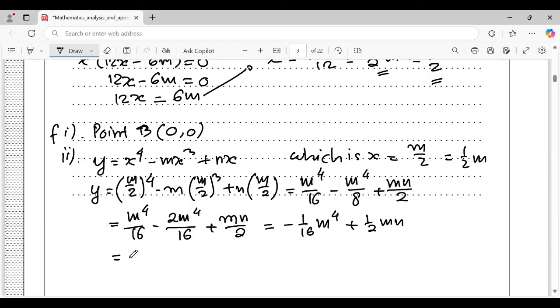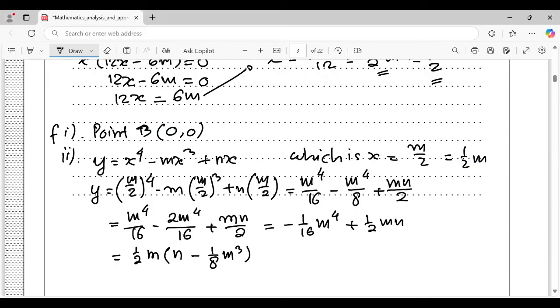I would like to factorize it: it becomes half m times n minus 1 over 8 m cubed.